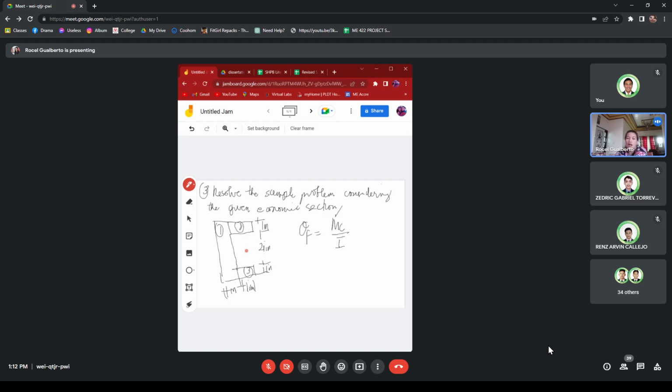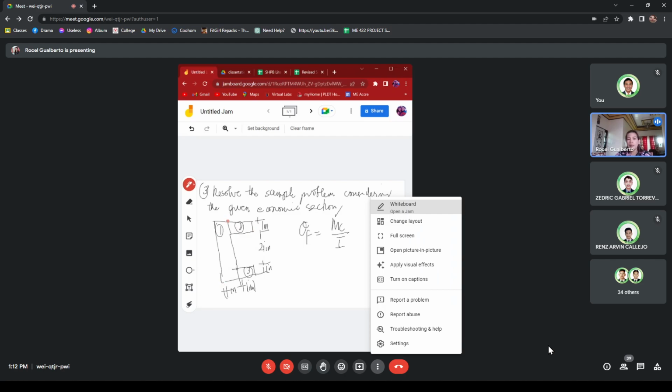Now, to determine the C and I values, necessary that you know the location of the neutral axis. So kapag po ganito yung cross-section natin, just a hint lang po sa inyo or a tip, kapag po ganyan na siya ay symmetrical, ibig sabihin, pag hinati po natin siya sa gitna, yung makikita natin sa taas would be basically the same dun sa nasa ibaba.